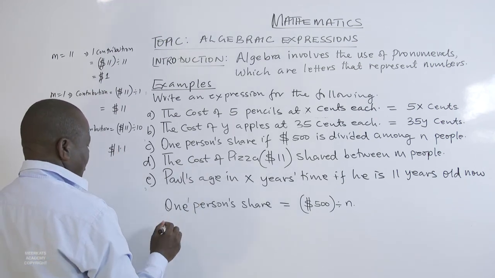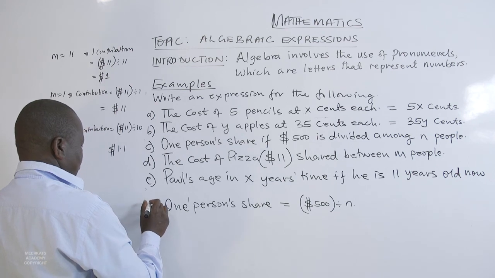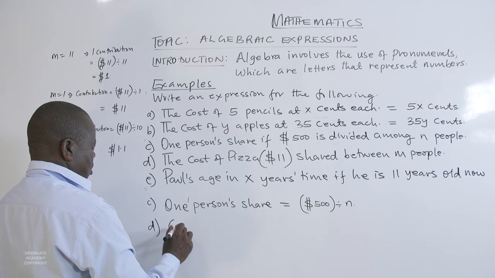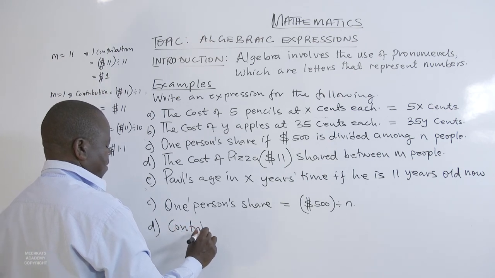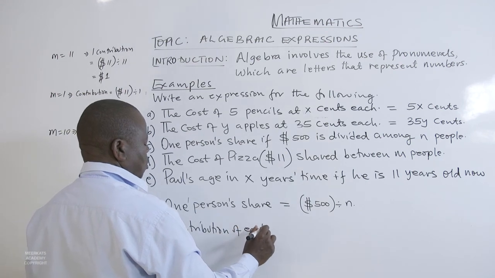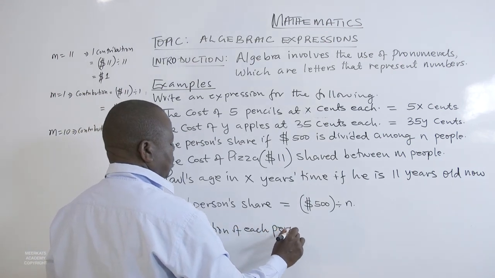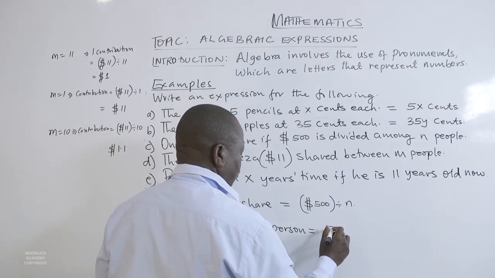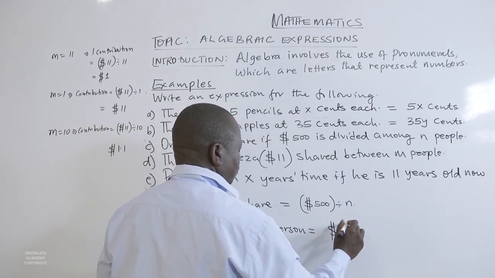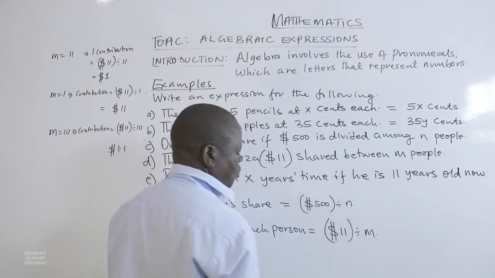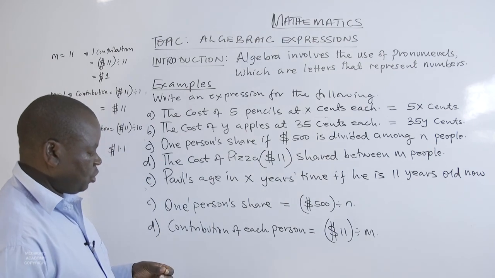So here we get, for part B, the contribution of each person equals $11 divided by m.